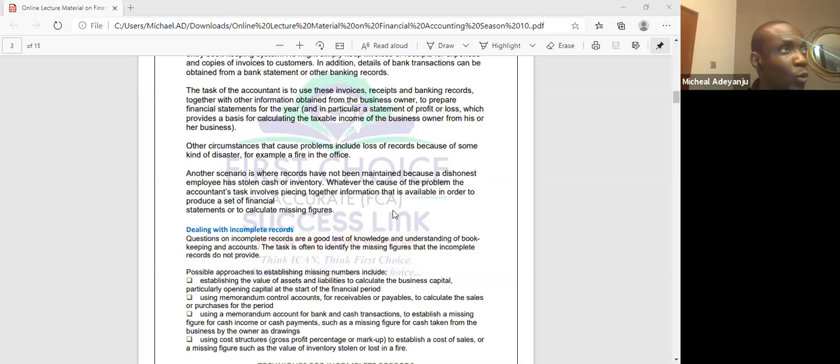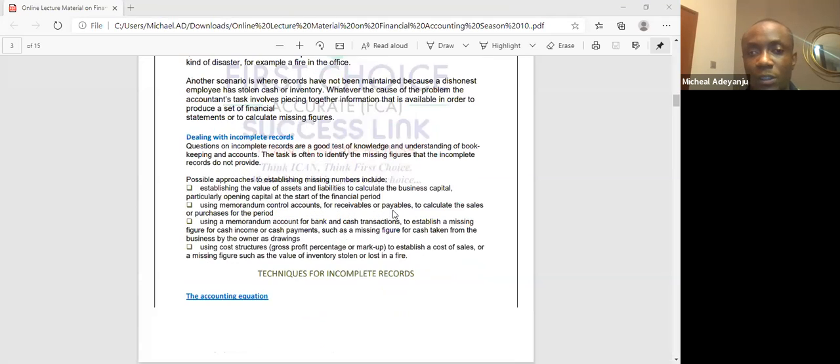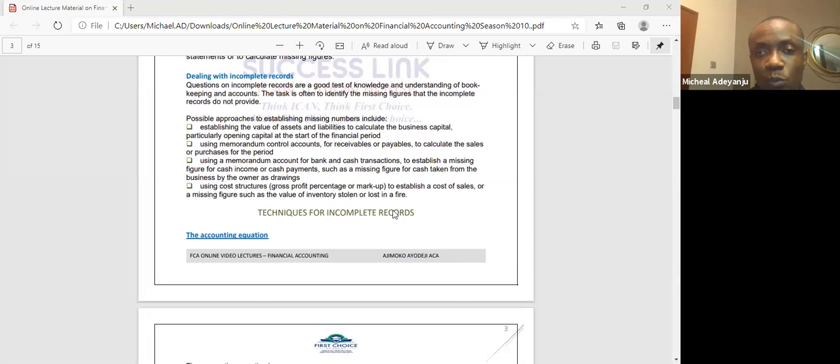So what are the approaches we need to look at when dealing with incomplete records? Number one is that we establish the value of assets and liabilities to calculate the business capital, particularly opening capital at the start of the financial period. I'm sure you are aware that capital plus liability makes up an asset. So, for example, we don't have our total liability in our accounting records, but we have a complete record of our capital and a complete record of our assets.